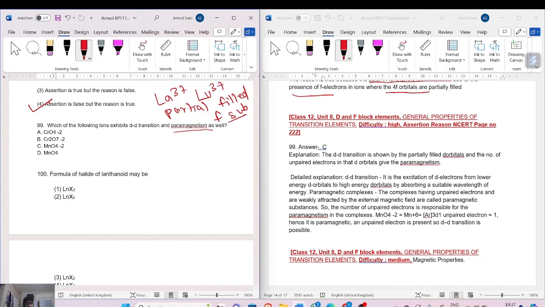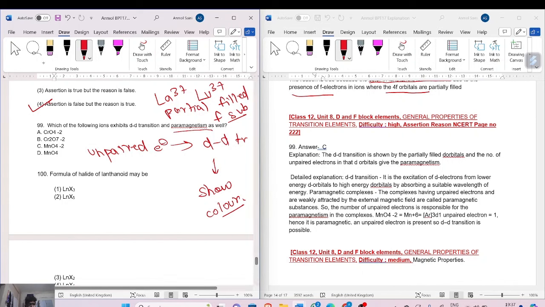So when we have an unpaired electron, it will undergo d-d transition, and it will show color. So we can check by writing this.